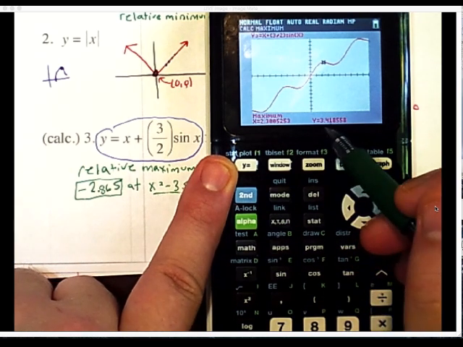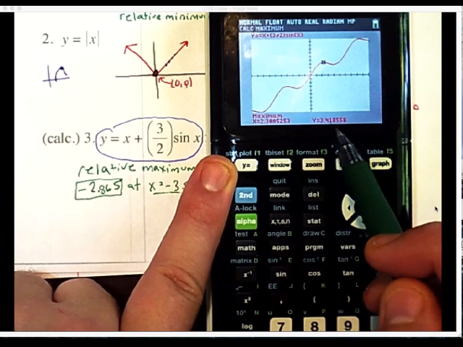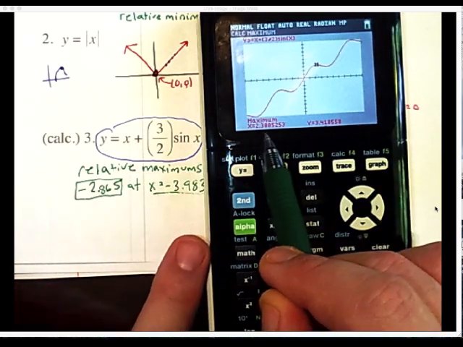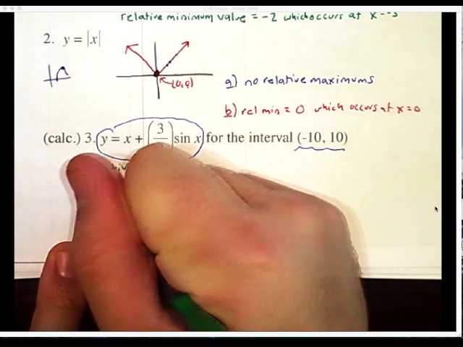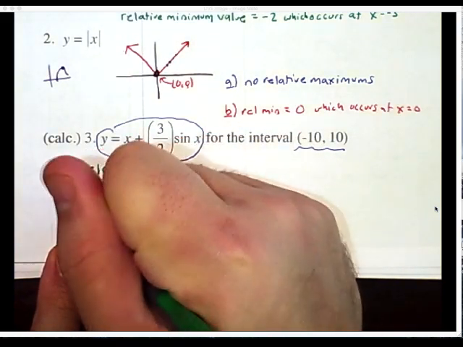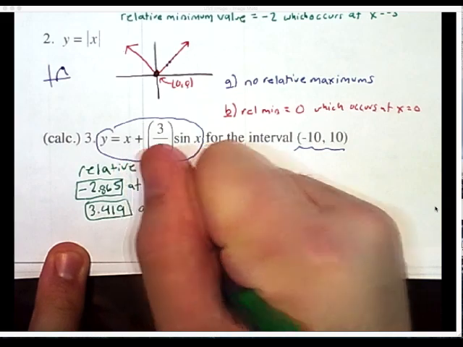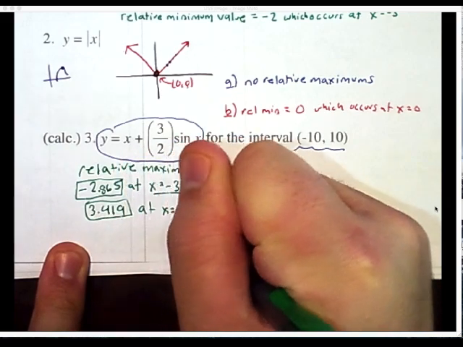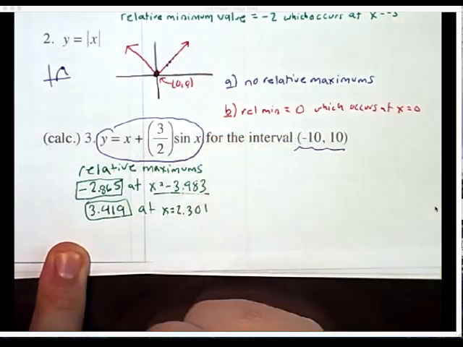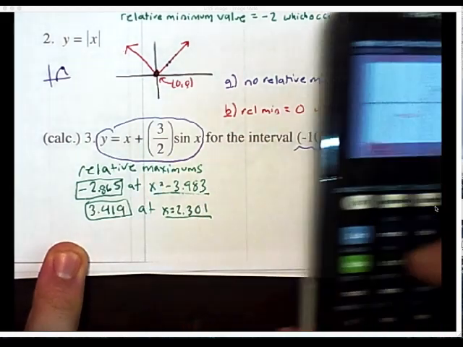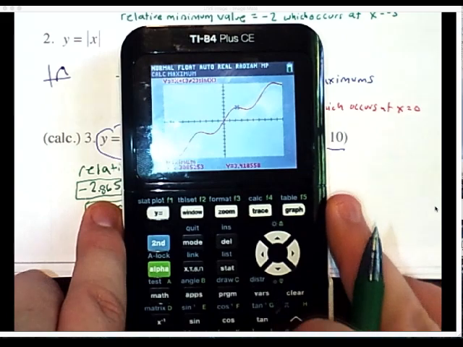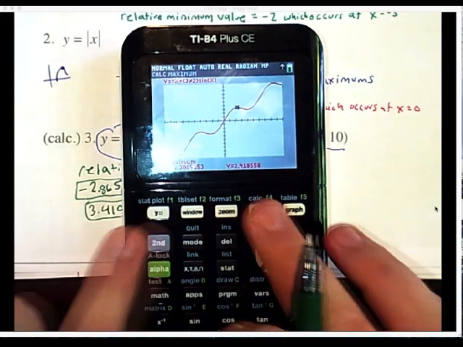So there's the maximum value, 3.419, and that occurs at an x value of 2.301 if I round to 3 places. Okay, so there can be more than one relative maximum. There can be many relative maximums.